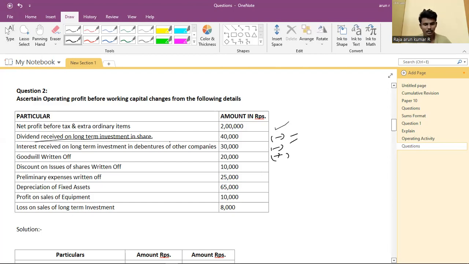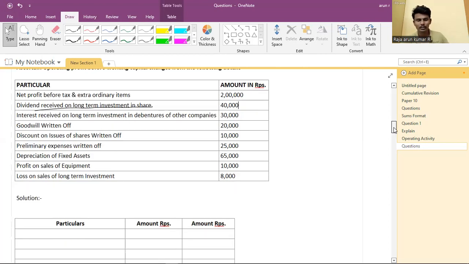Okay, preliminary expenses written off. We directly do the sum. If you have a sum, it will be beneficial for you. If I tell the answer now without putting the sum, you will not understand. Directly I go to the sum solution. You just take a screenshot, or if you want, note it, pause the video.